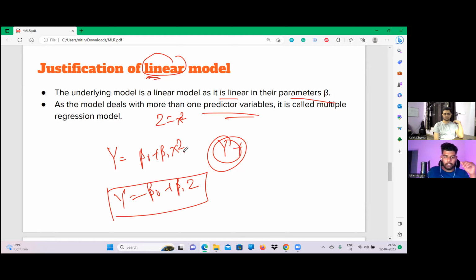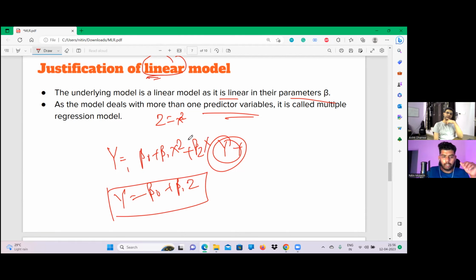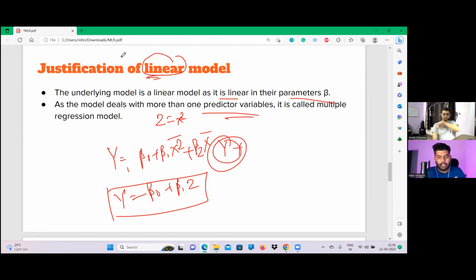But here, if you include something like beta 2 in x as well, then this particular thing will be a multiple regression, because we are considering two different predictor variables. Obviously, these are the same underlying variable, but x square is a transformation of x. X square is not behaving as x is behaving, so you are considering x square as a totally new feature.